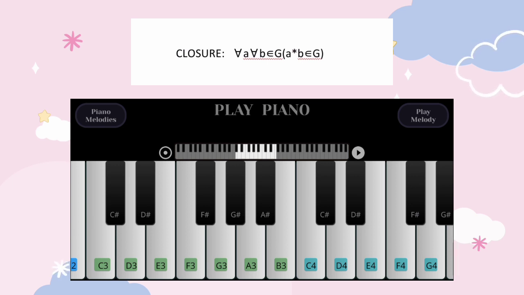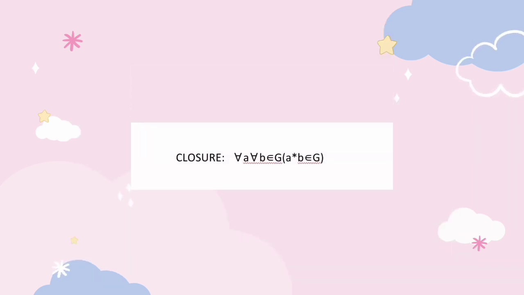That applies to any compound interval, and it has an equivalent group element. So we see that because of that, the closure axiom is satisfied.